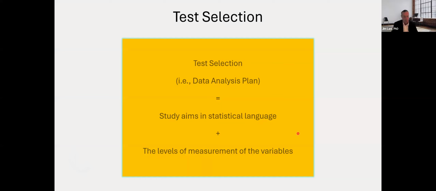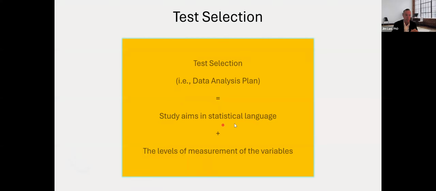what do you do? So I just want to lay out some principles I use to explain it and to get you from, I have this PICO question, which I'm going to talk about in a second, to, what test do I use? That's the question. So the quick recipe is, okay, the PICO question, the study aim question, has to be in statistical language.